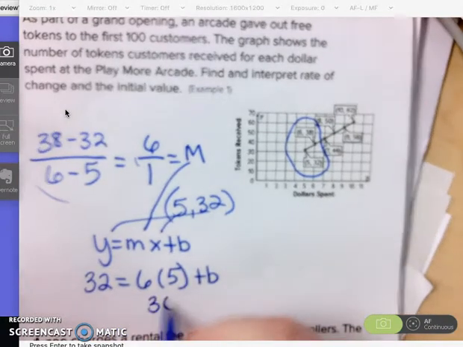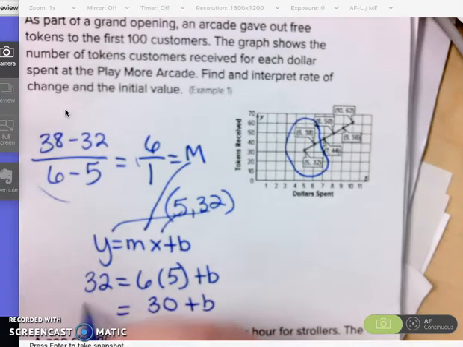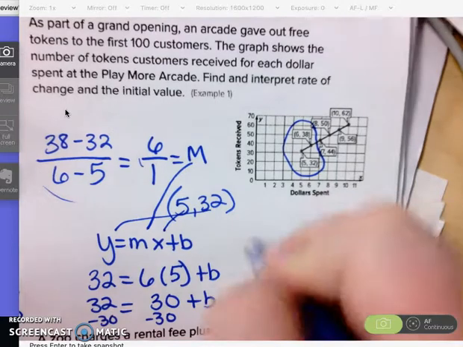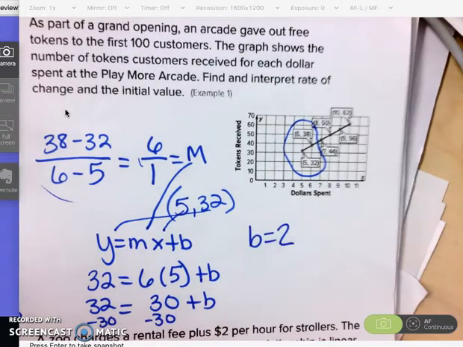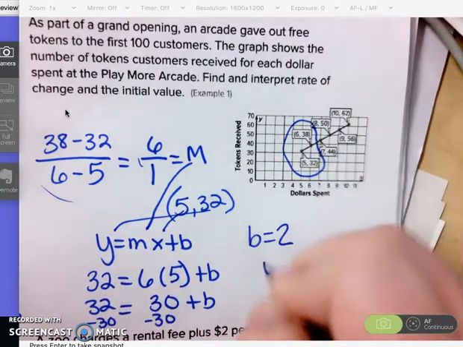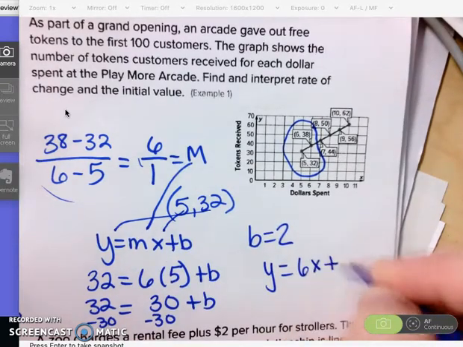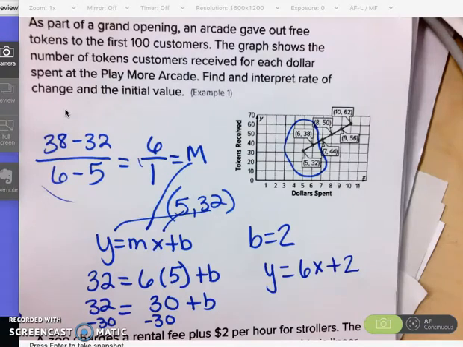So 30 plus b equals 32. Subtract 30 from both sides. So your b is equal to 2. Then I'm going to replace y equals my slope, 6x, and then my initial starting point is 2.